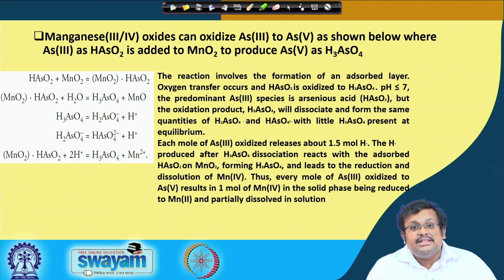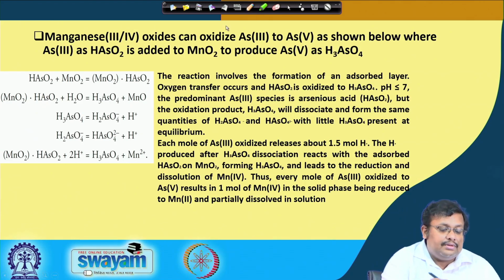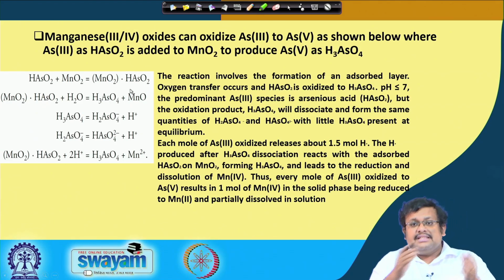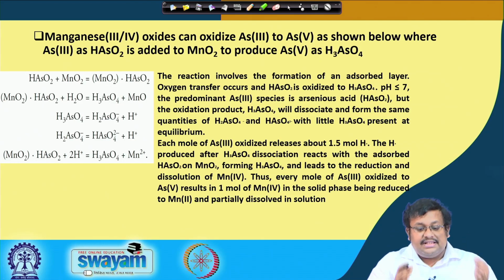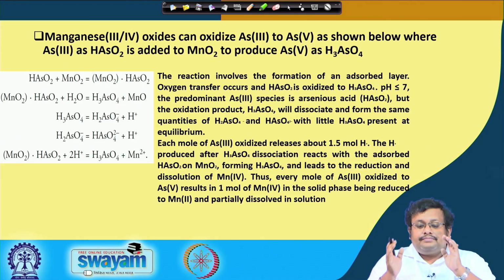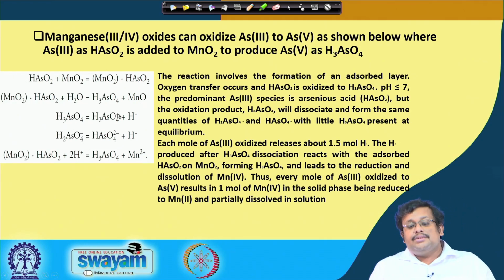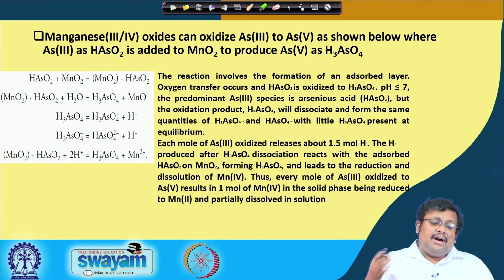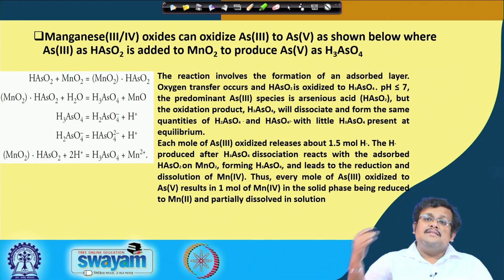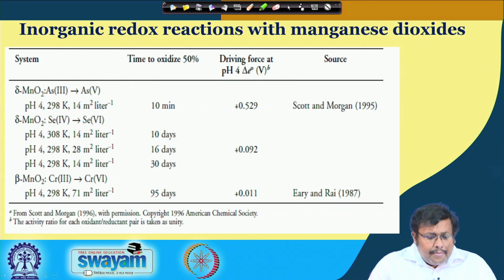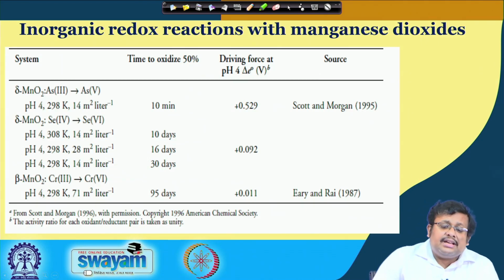Oxygen transfer occurs in the adsorbed layer, and HAsO2 is oxidized to H3AsO4, and ultimately arsenite is converted to arsenate. So, these inorganic redox reactions with manganese dioxide are given here.